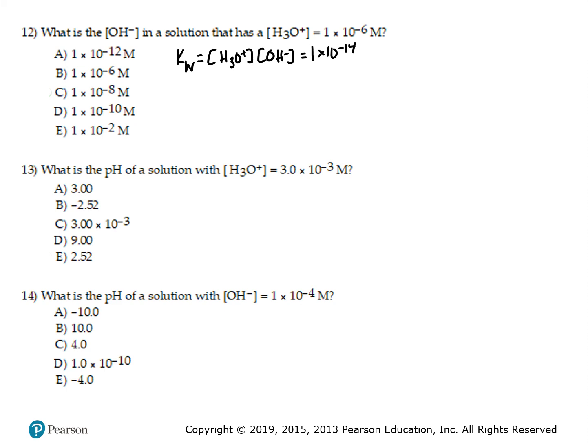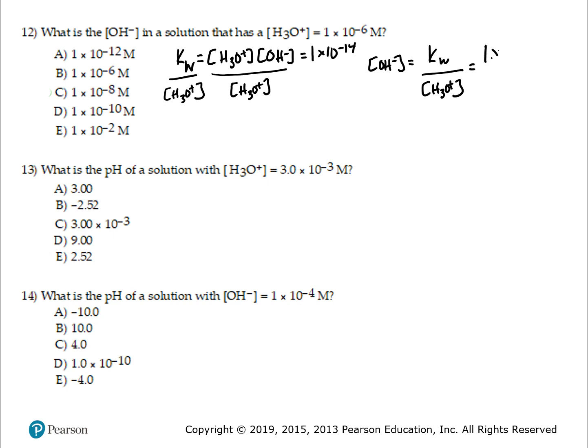To figure out the OH concentration, you divide both sides by hydronium. Then you substitute in your numbers.